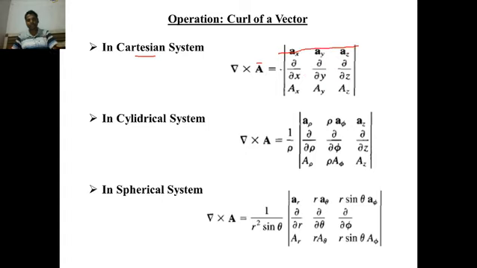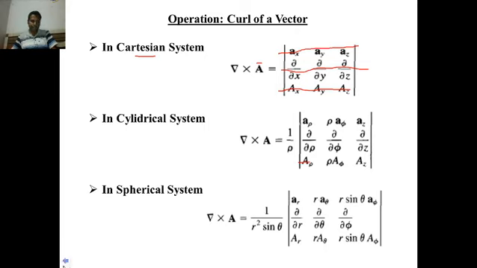In the second row you write down d/dx, d/dy, d/dz, or d/dr, d/dphi, d/dz, or d/dr, d/dtheta, d/dphi, partial derivatives obviously. In the third row you write the components of the given vector in the x, y, and z directions, similarly in the r, phi, and z directions, and the r, theta, and phi directions.